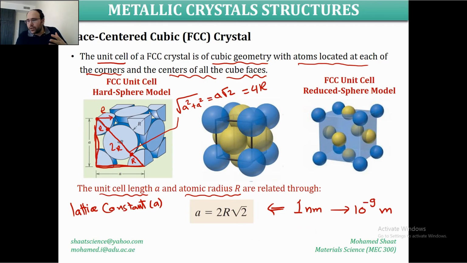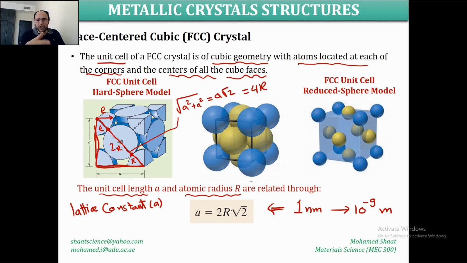But how about the volume of the atoms that form the unit cell? Here we are assuming that the atom is spherical, because in reality it is almost a perfect sphere. So we assume every atom is a sphere. What is the volume of a sphere? It is 4/3 pi r cubed, where r stands for the radius of the atom.